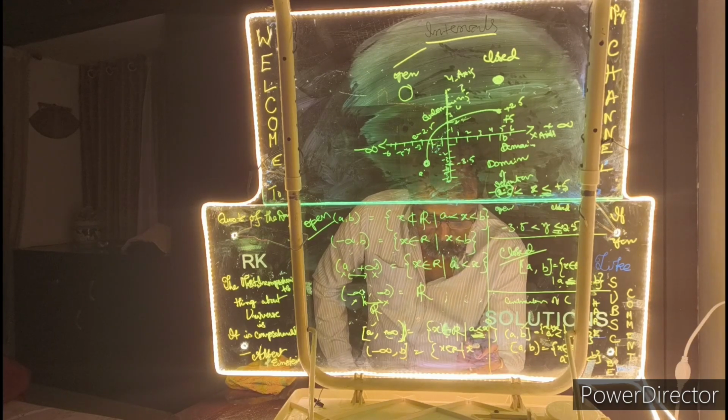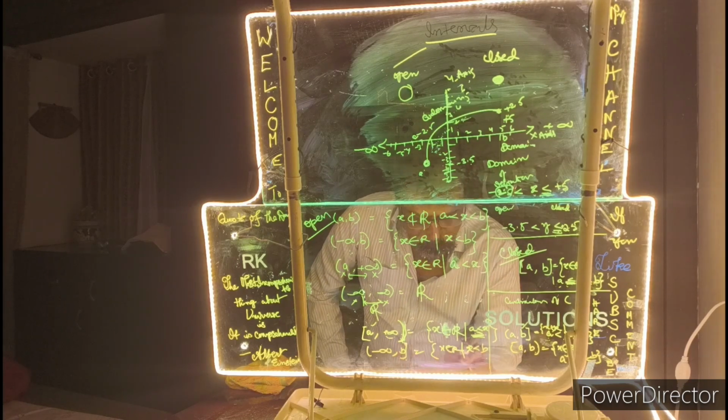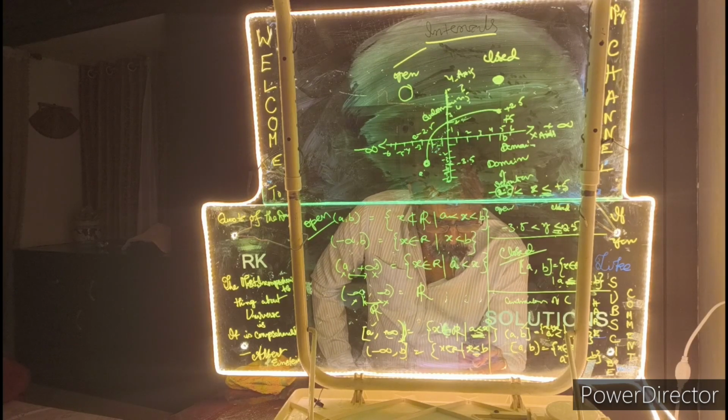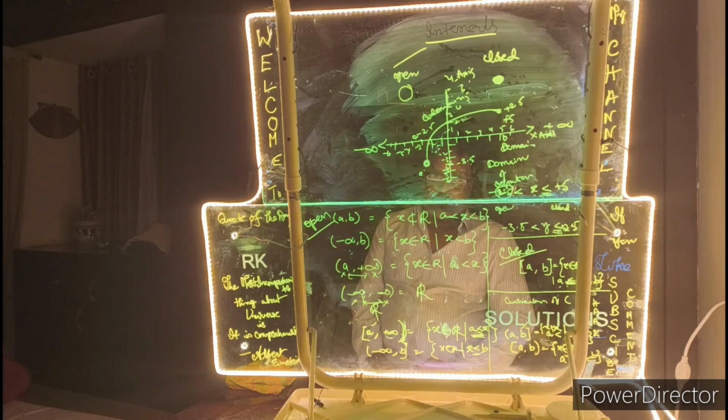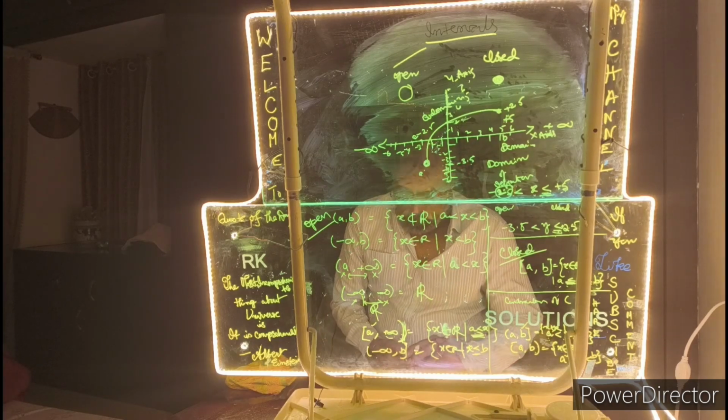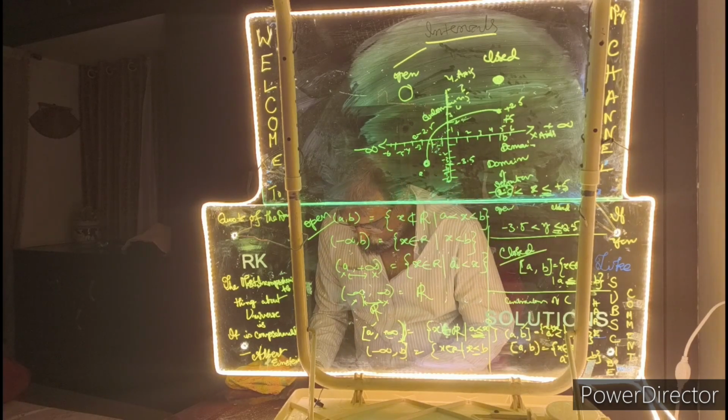So x is up to b, it can take less than b, but since it is a closed interval, we can take equal. That is how we can represent the open closed intervals.